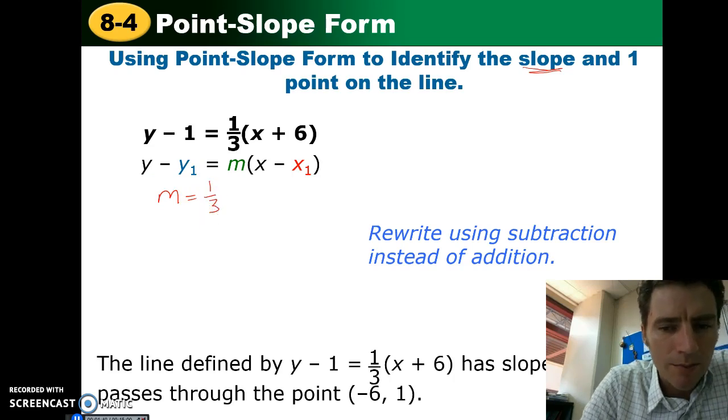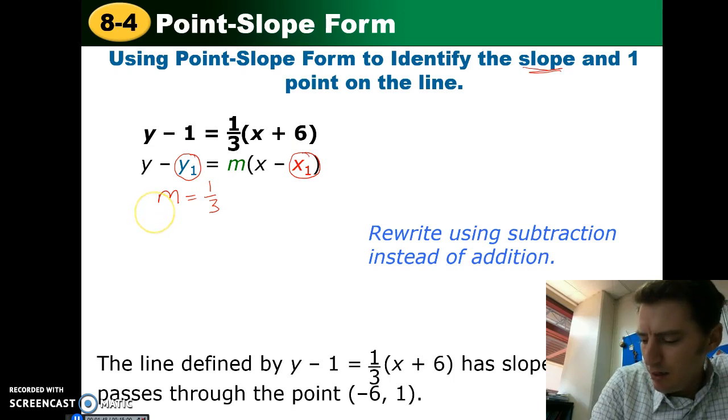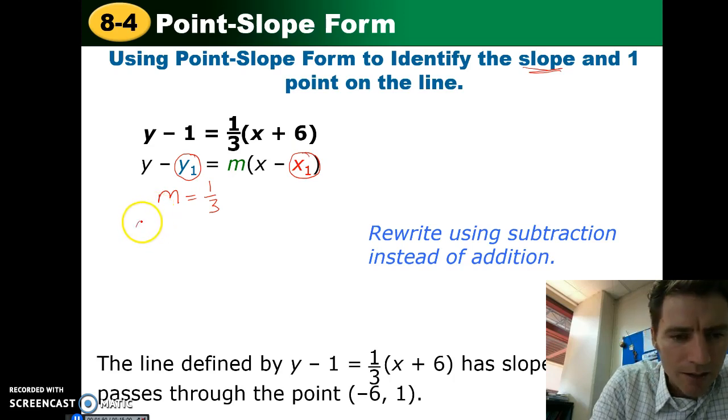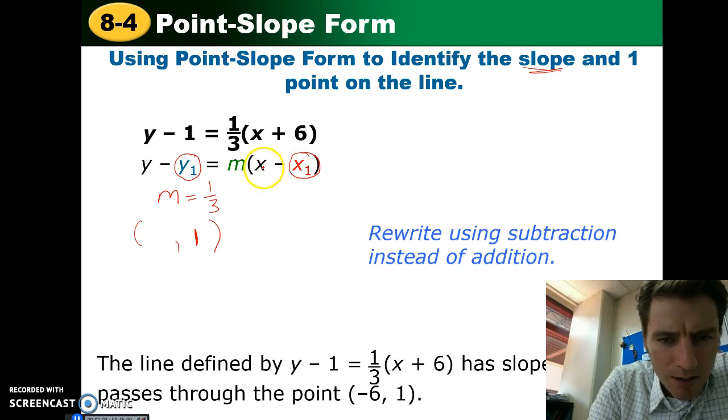So far, so good. We also know that this is y1 and this is x1. So we're going to write it in an ordered pair. Our y1 is just 1, because we have y minus y1, y minus 1. And then our x1 is a little tricky, because notice it's x minus x1.